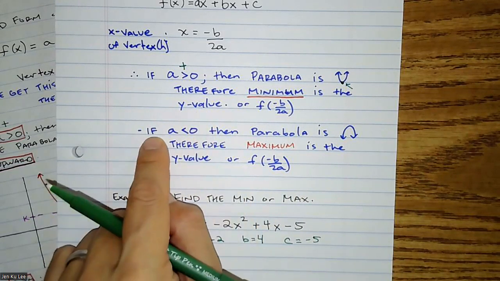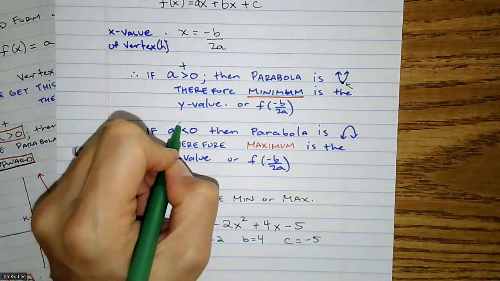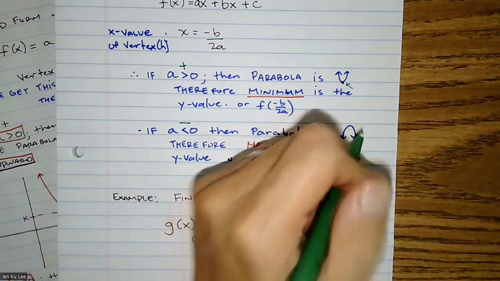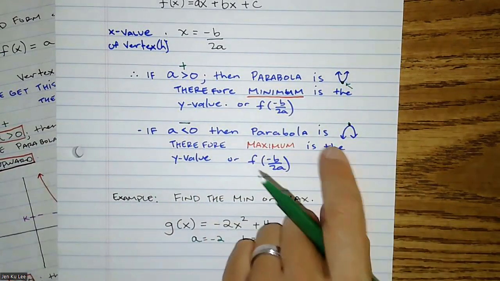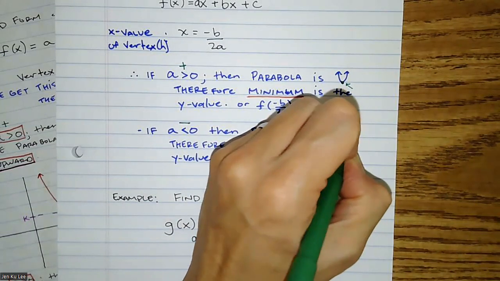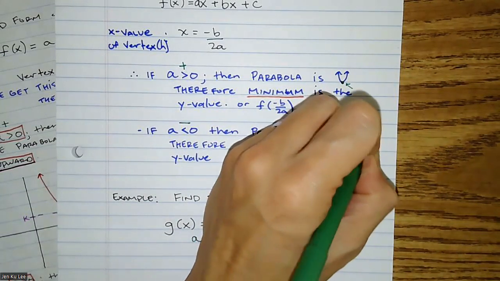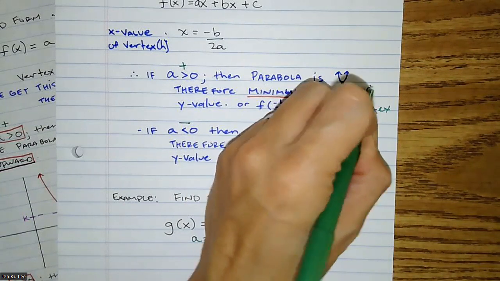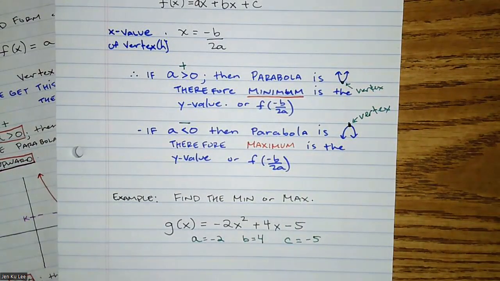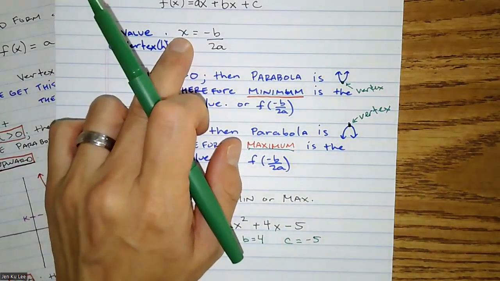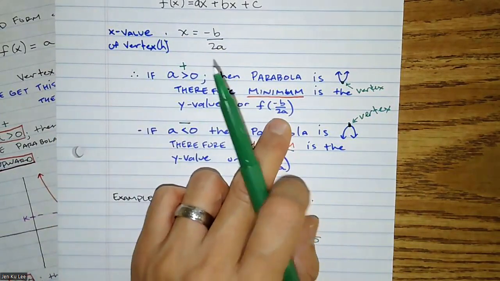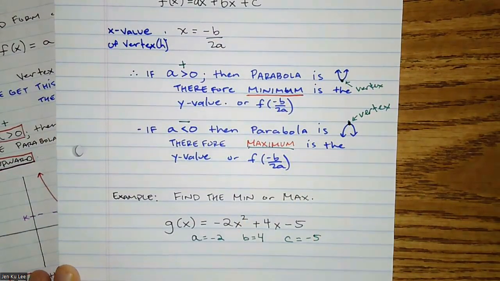If my A is negative, then the parabola is facing downwards, and my vertex is there. Therefore, there's a maximum at the vertex, and that is going to be the Y value, if I plug my X, negative B over 2A, into my function.